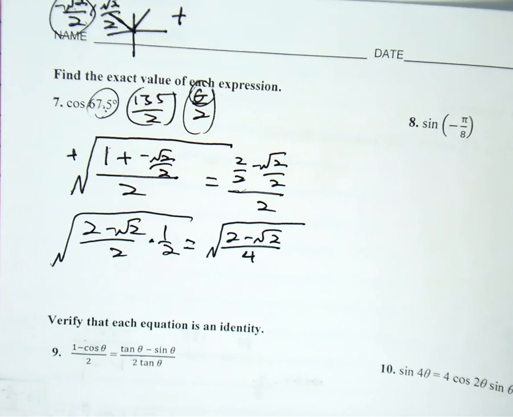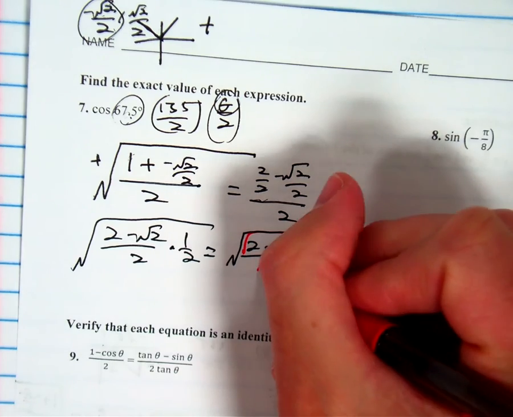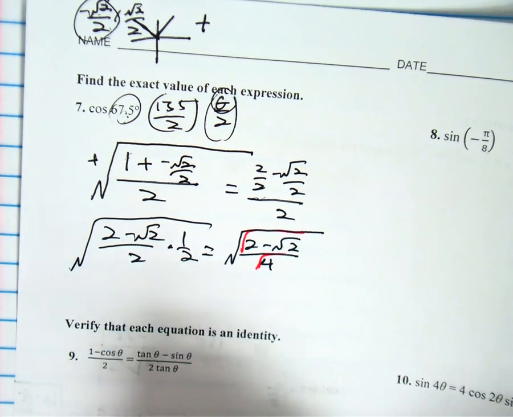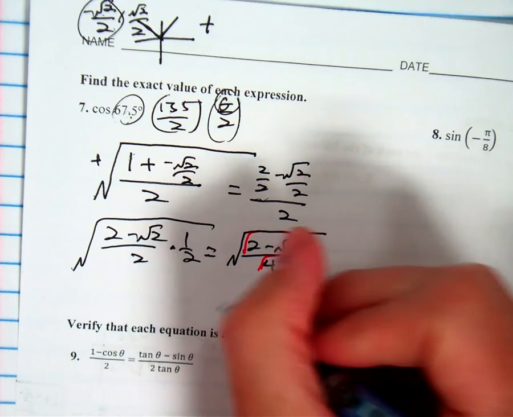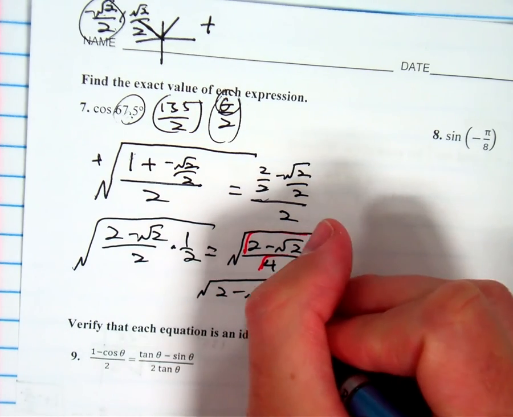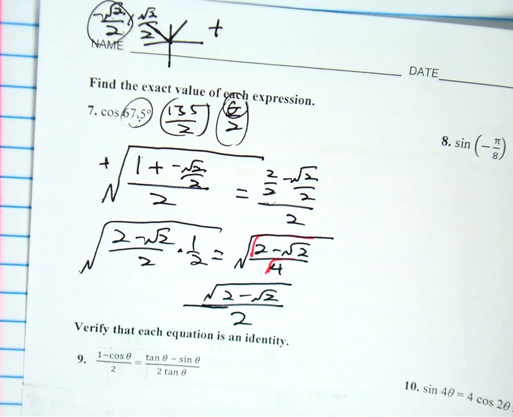Now when I split these up into separate square roots, square root of the top, square root of the bottom, square root of 4 is a nice 2. Can't do anything with that top, so it stays. And we said we wanted it positive. 2 minus radical 2 all over regular 2 now on the bottom.